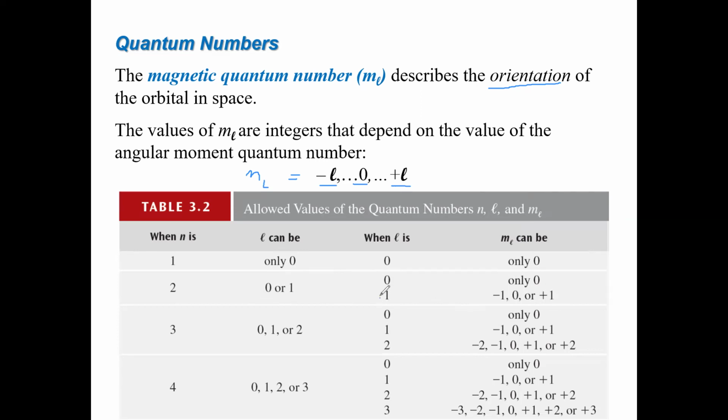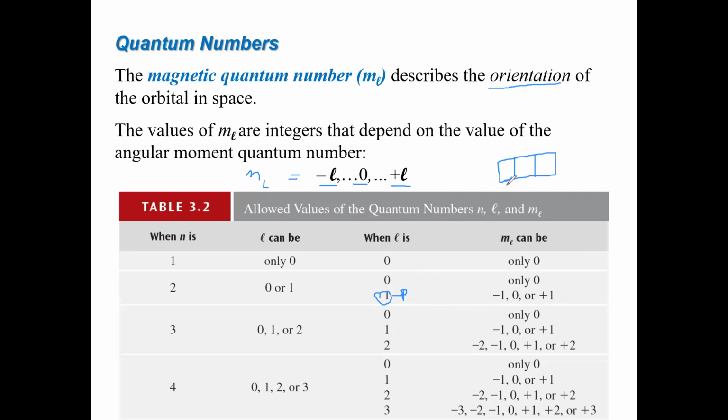Remember I told you whenever you have L equal to 1, you have p orbital. This is why, if you write the electronic configuration of an element using box configuration, you will observe that the p orbital has 3 orientations, because of this minus 1, 0, plus 1.